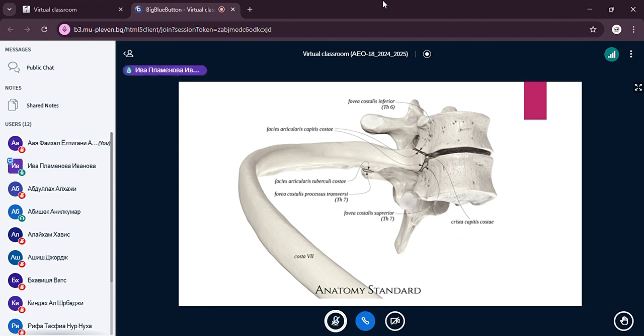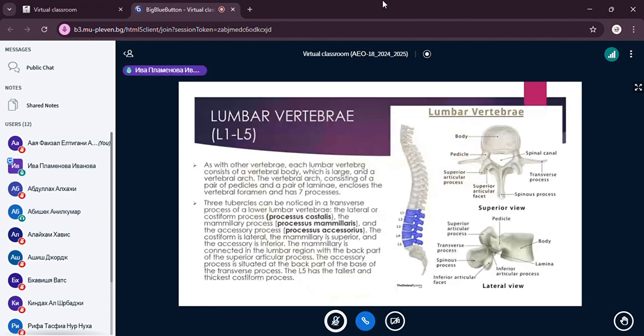Lumbar vertebrae. There are 5, from L1 to L5. Each lumbar vertebra has a body, again, which is large, and a vertebral arch.